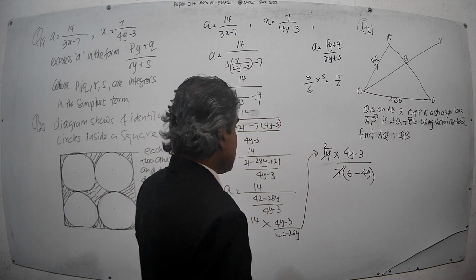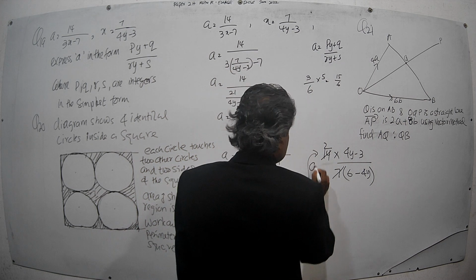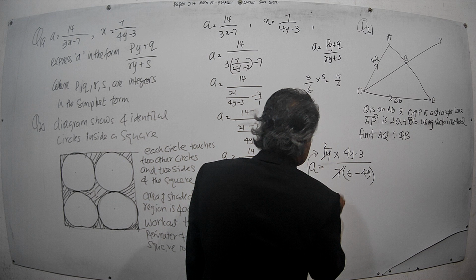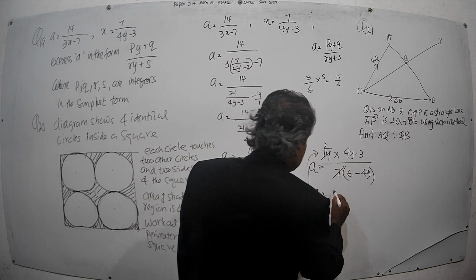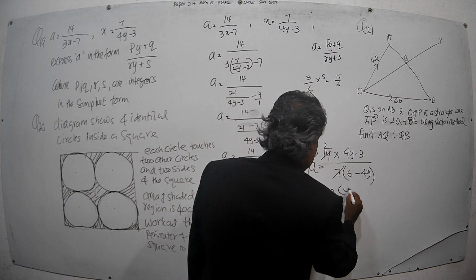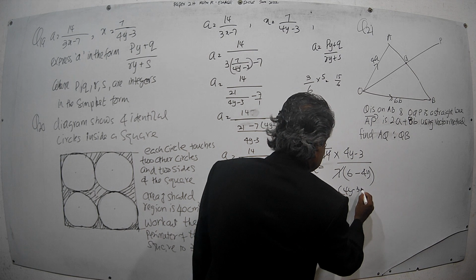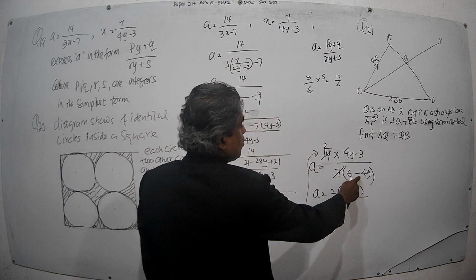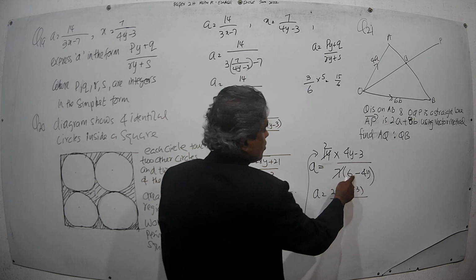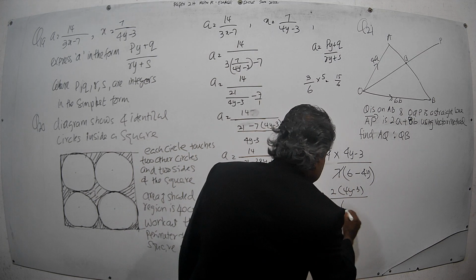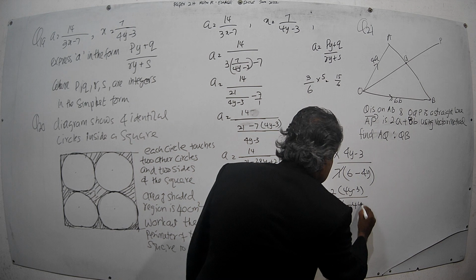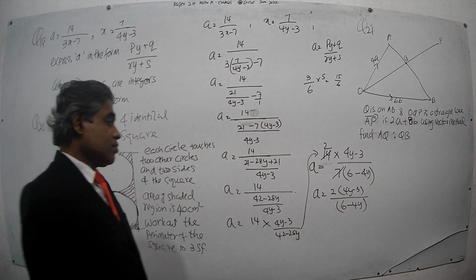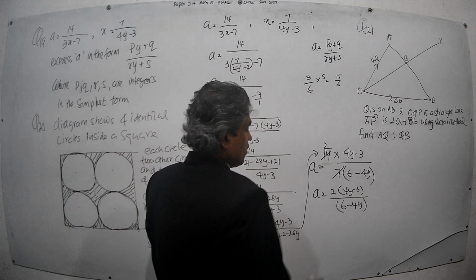Then that is actually A equals A, no? This equals A. Okay. Then A equals 2 multiplied by 4y minus 3, and at the bottom you can take another factor 2 out here. Then we write here 4y like this. Then take another factor 2 out.